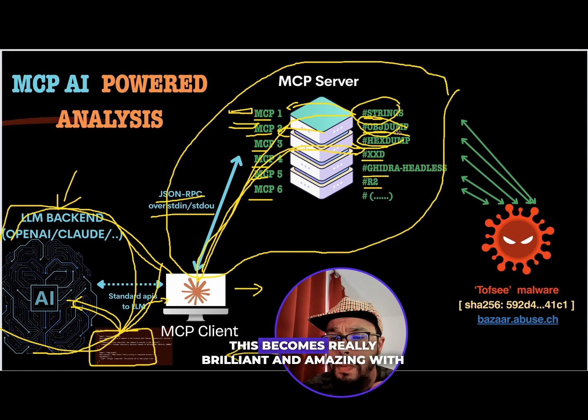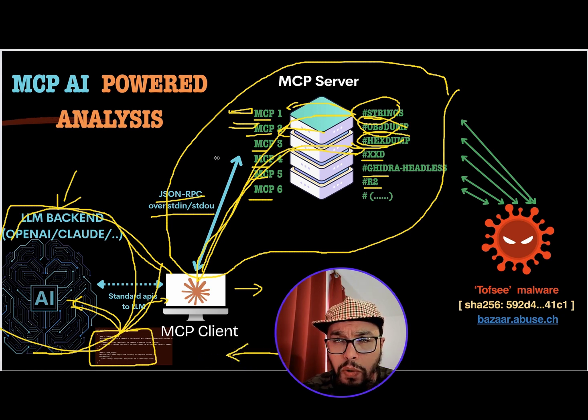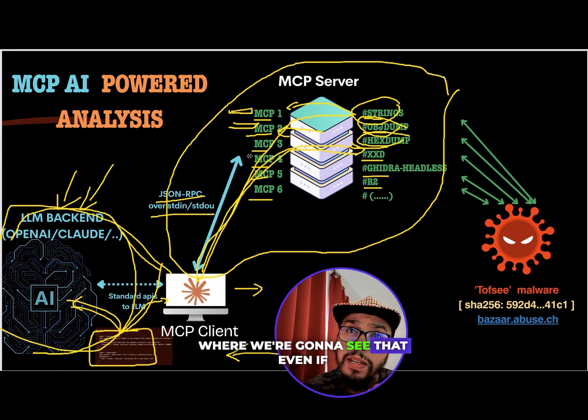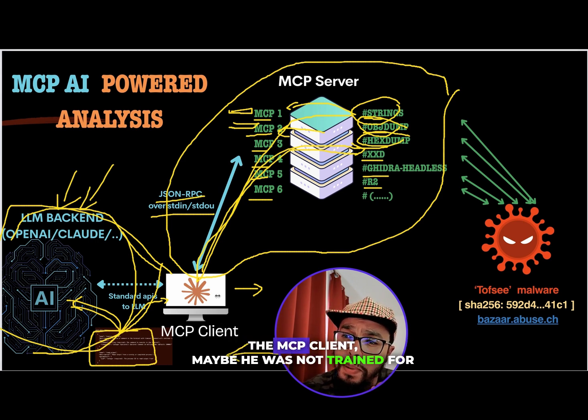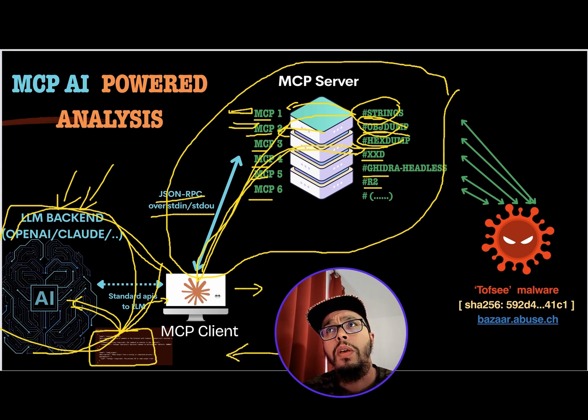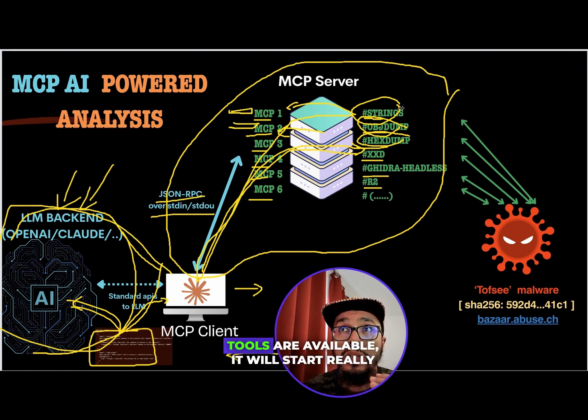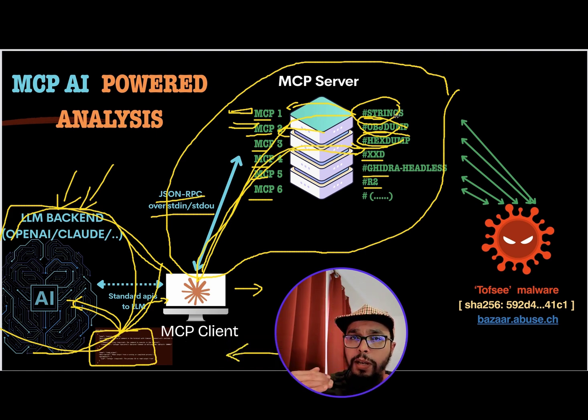And this becomes really brilliant and amazing with the quality of LLMs, but also the reinforcement learning part, where we're gonna see that even if the MCP client maybe was not trained for that kind of files, with reinforcement learning, which is kind of like human logic, and seeing that all these tools are available, it will start really reasoning.